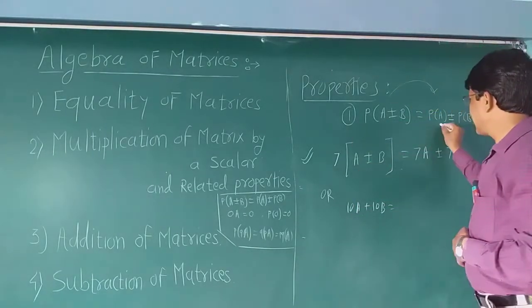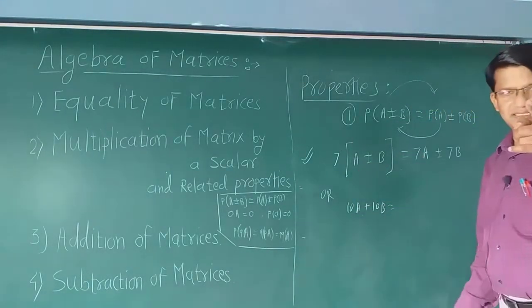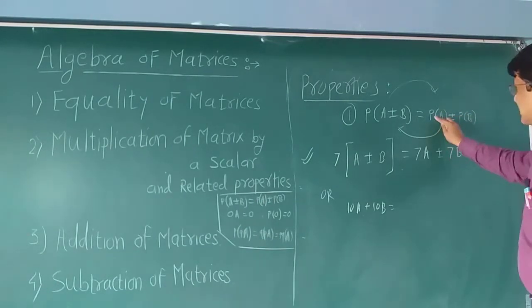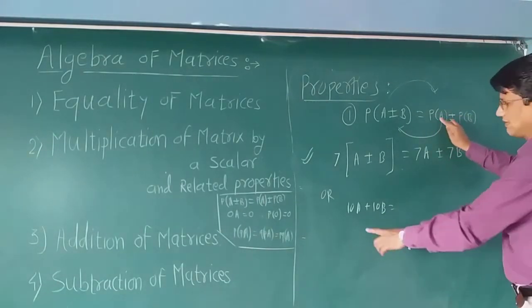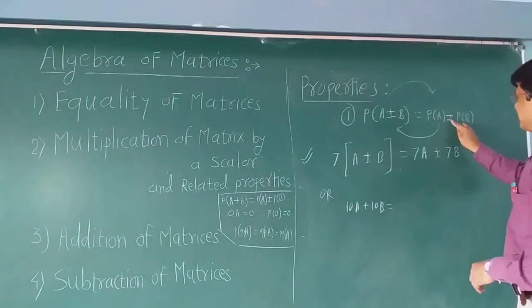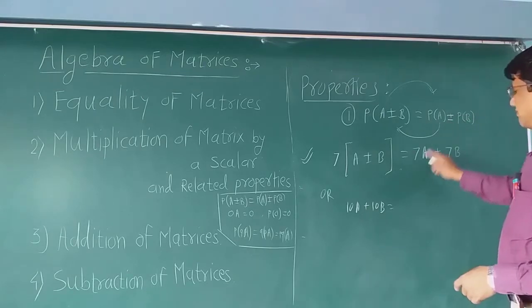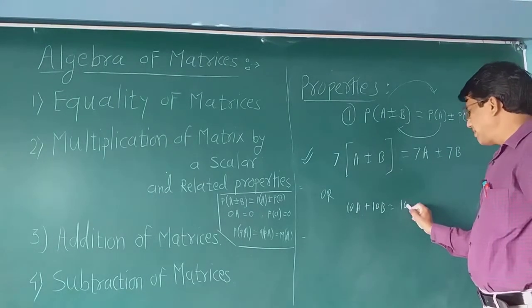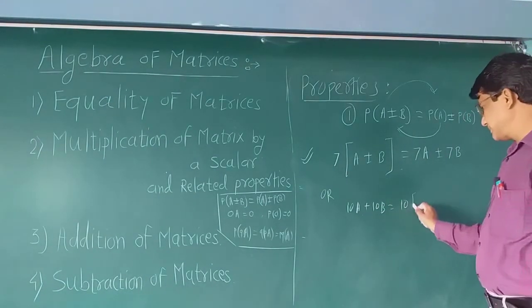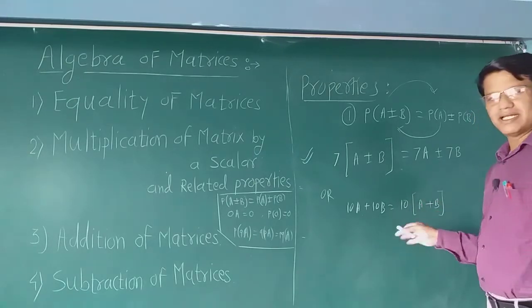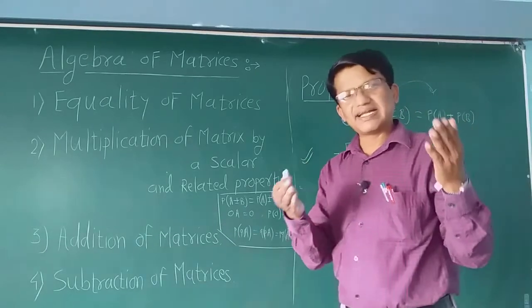Or the same example we can represent as, suppose 10 of A plus 10 of B. If the same type of answer is given, then use the same concept. Here LHS equals RHS, left hand side is equal to right hand side, and similarly the right hand side equals the left hand side. Instead of P of A, use 10 of A, plus minus, here I have taken plus, 10 of B. Take 10 common from this, what will remain? A plus B, again two matrices.